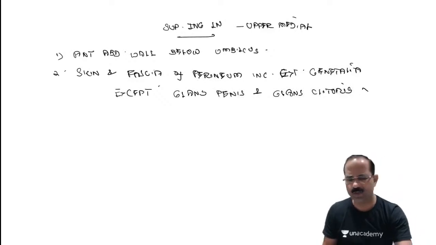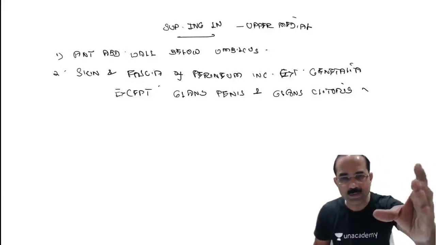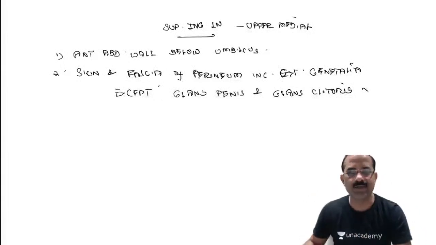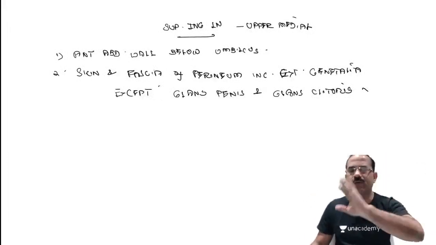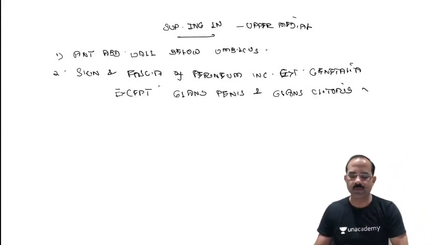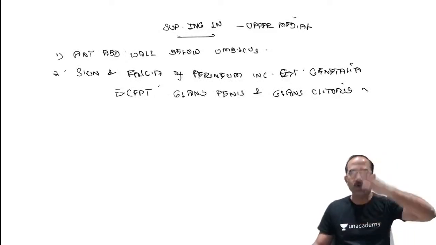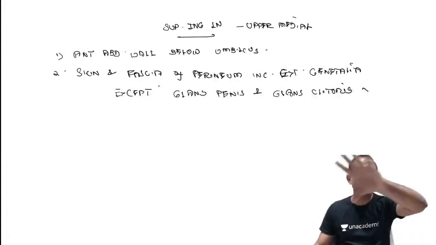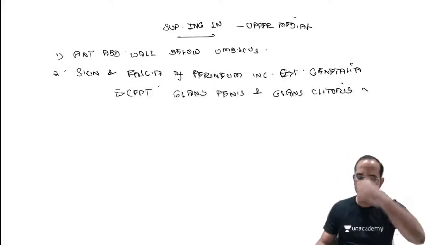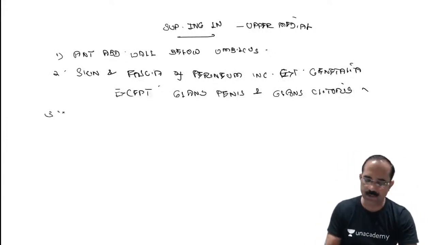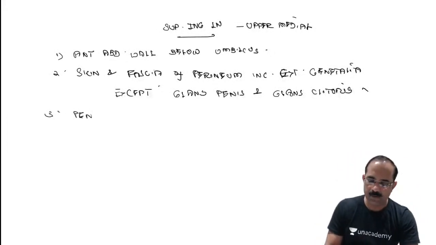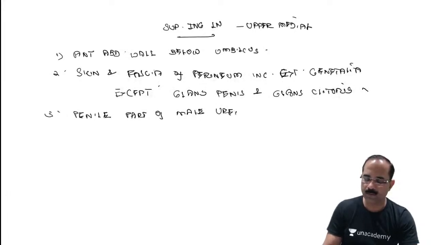This is very important, students. Many MCQs come, clinical MCQs also based on this. Upper medial group, I'm telling you because that's very important. So anterior abdominal wall below the umbilicus, the skin and fascia of the perineum, including the external genitals, except the glans penis and clitoris. Third, penile part of the male urethra.